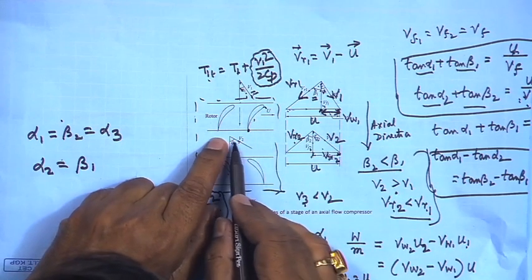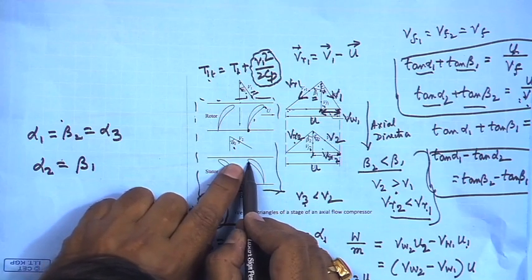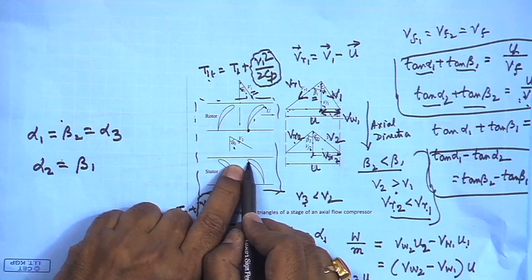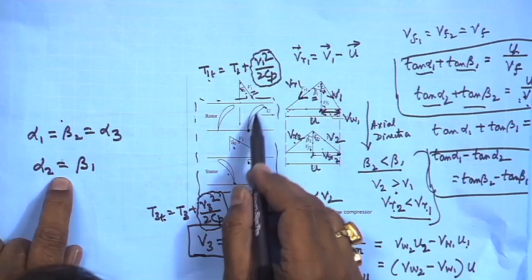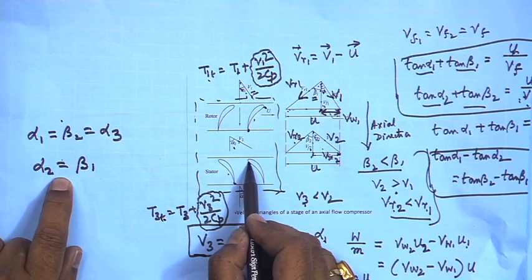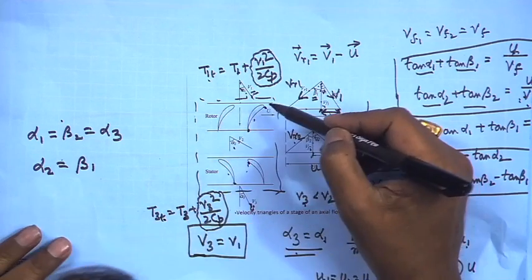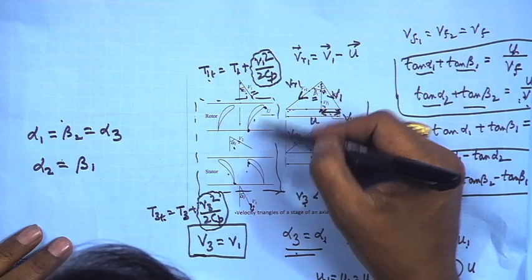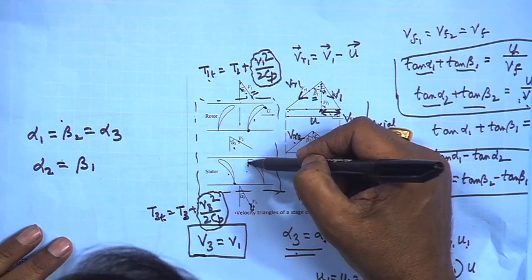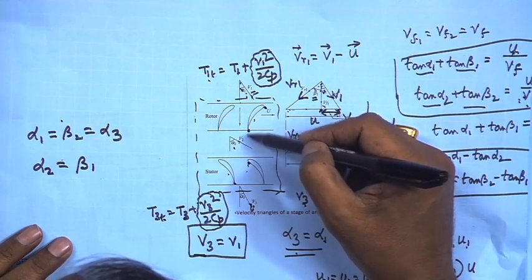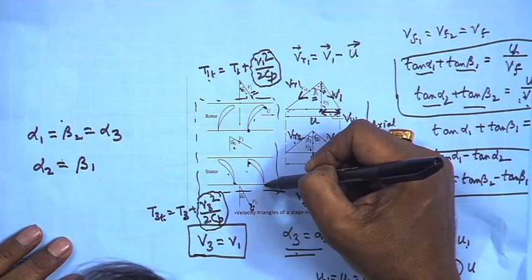Alpha 2 is the absolute velocity angle at the outlet of the rotor, which exactly equals the inlet angle of the stator blade. So, therefore, the inlet angle of the rotor blade is equal to the inlet angle of the stator blade, and the outlet angle of the rotor blade is equal to the outlet angle of the stator blade.